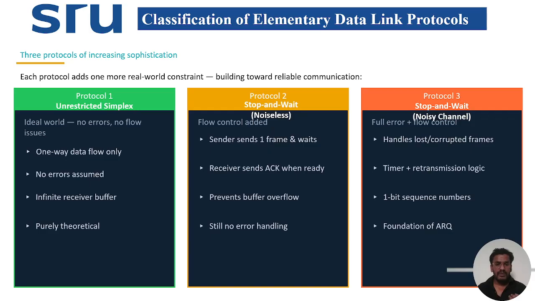The sender sends one frame and waits for feedback from the receiver, then sends the next frame. The receiver sends an acknowledgement, then it is ready for the next process. It prevents buffer overflow during the interaction between sender and receiver, but there is still no error handling.